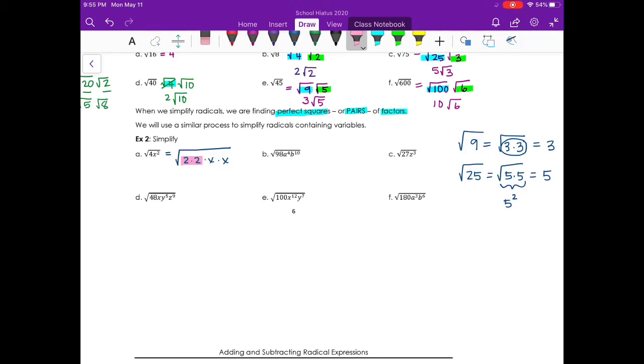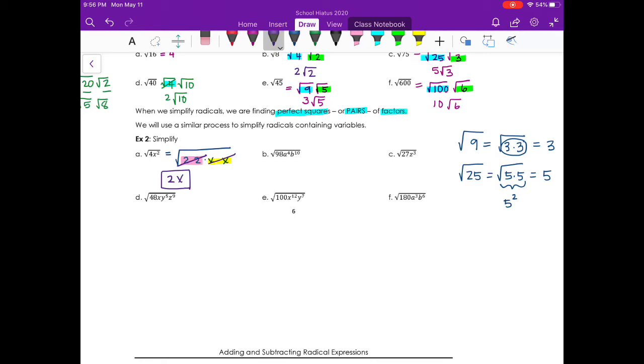And so the root of that will be 2. So we'll bring out a 2, and then we have a pair of matching factors in x squared, x times x, and so we can bring out the root of that pair, which is x. So both of these roots will come out of the radical, and the result will just be 2x.